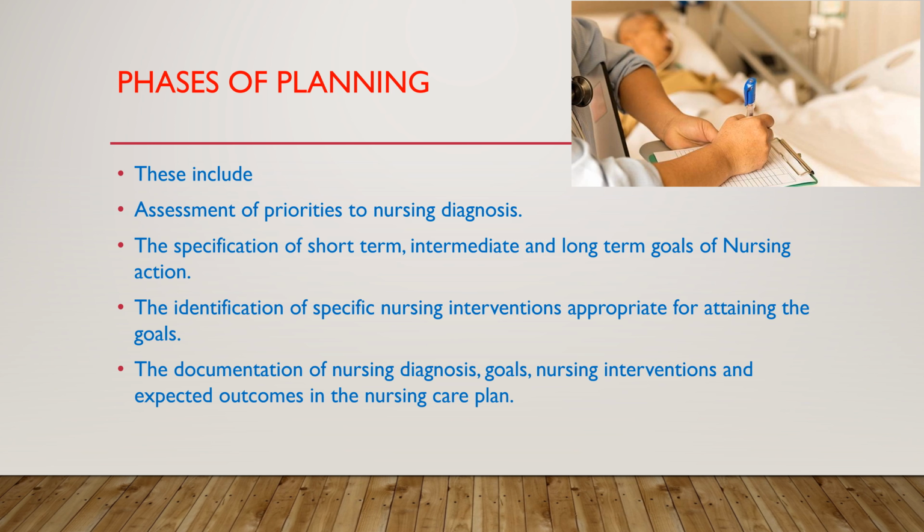What are the various interventions which we are going to provide to the patient to solve that problem or to achieve that goal? And after giving such intervention, what will be the expected outcome? All these things need to be documented in the form of a nursing care plan. So these are the various phases of planning.